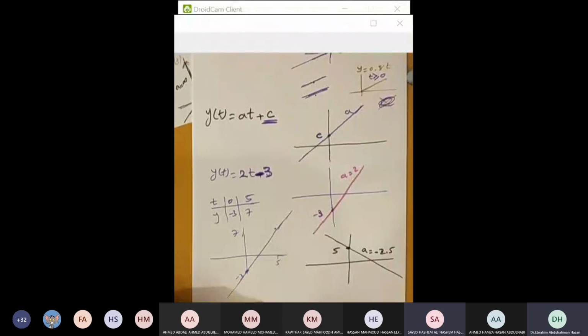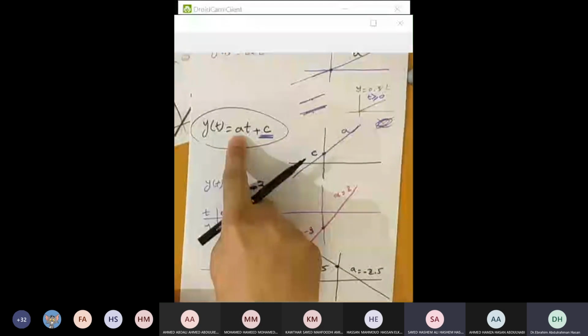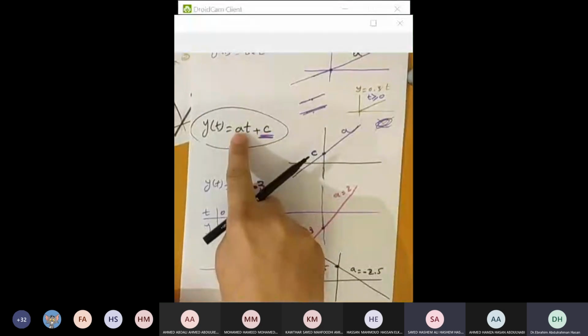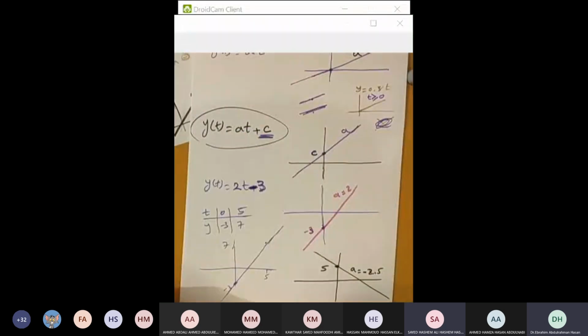So y of t in general, as we said, is equal to at plus c, which is the slope multiplied by t plus c. The slope is equal to minus 2.5, indeed minus 2.5 because it is decreasing here. So it is negative 2.5 multiplied by t, and the y-intercept is 5, so it is plus 5.